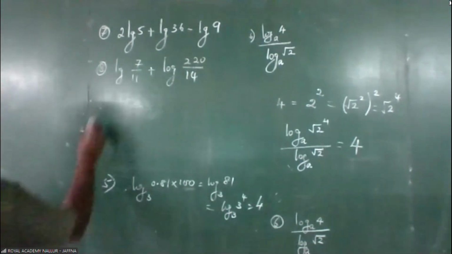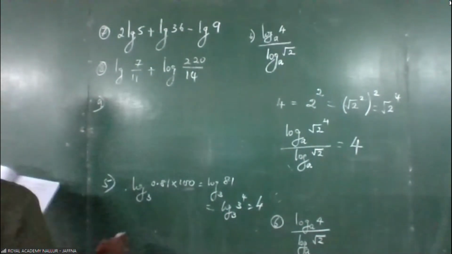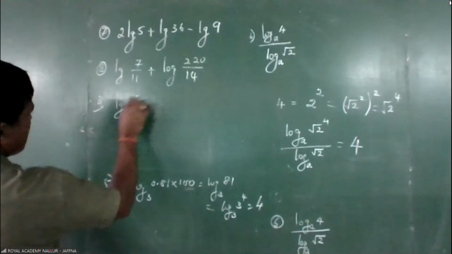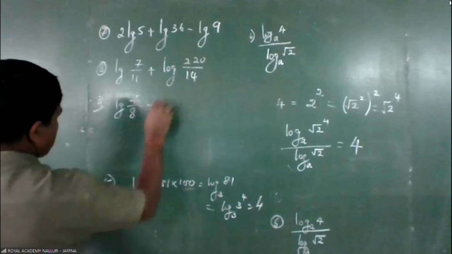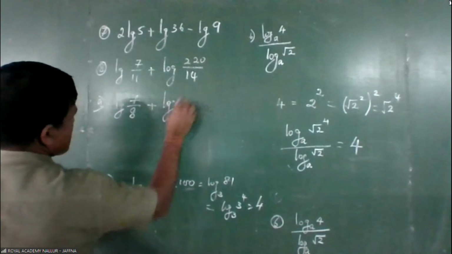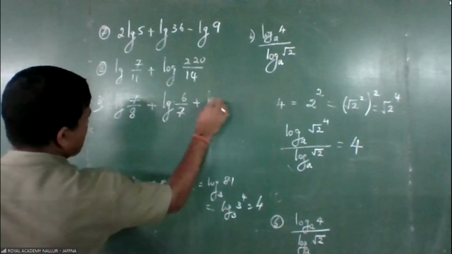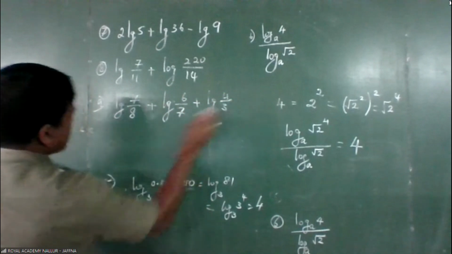Continue the sums. Number 9: log 7 upon 8 plus log 6 upon 7 plus log 4 upon 3.